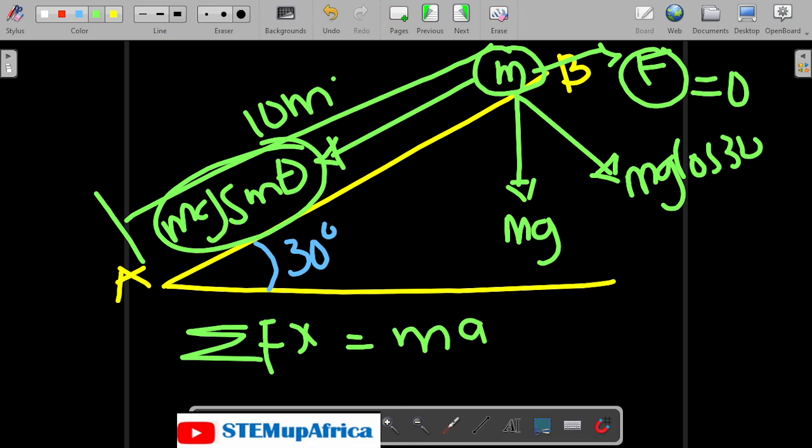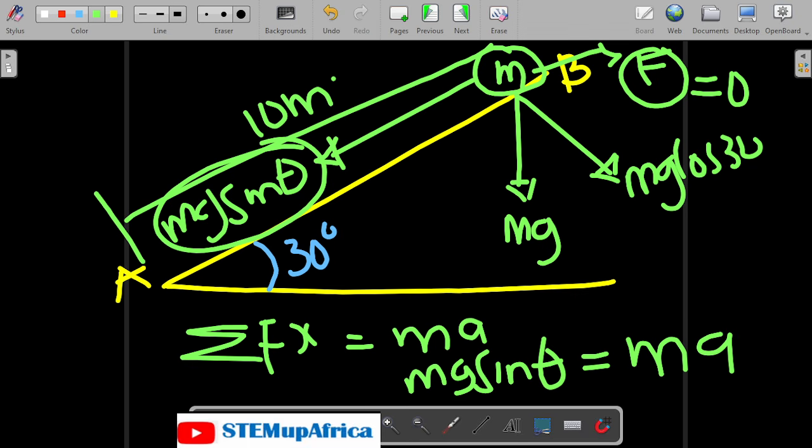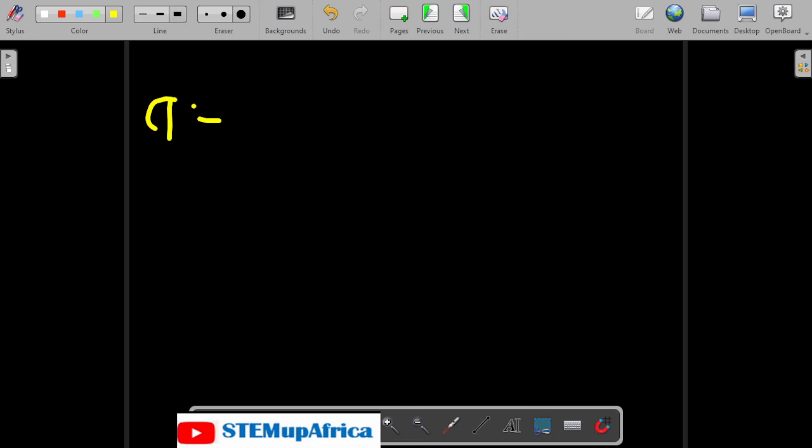So I'm going to have mg sine theta equals ma, such that m cancels m. So I'm going to have a as g sine theta.